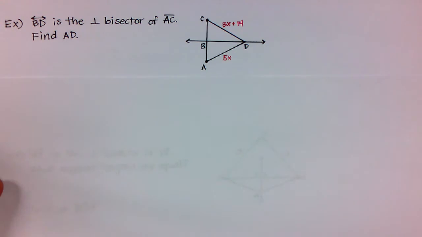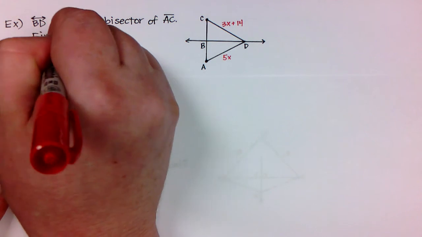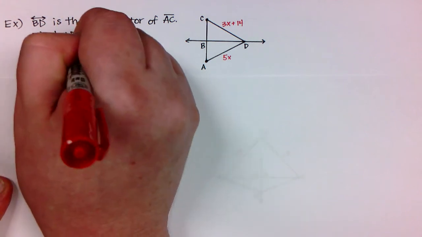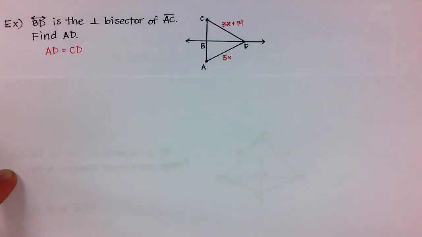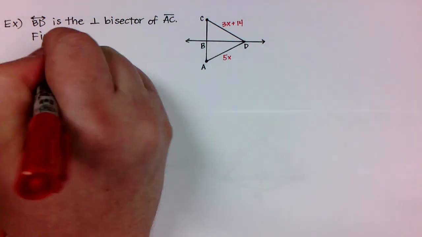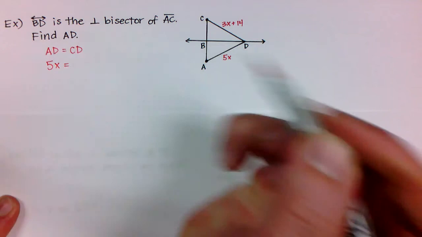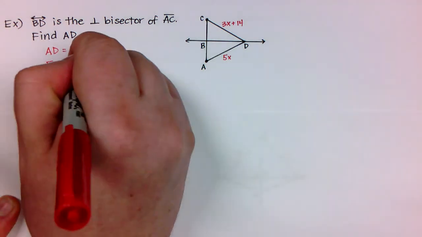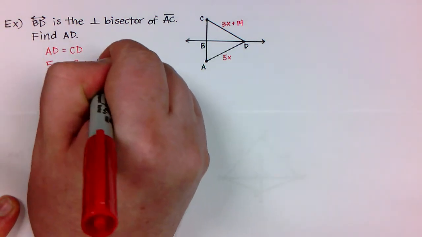So I'm going to write that down. That AD is equal to CD. And AD, as I can tell, is 5x. And CD is 3x plus 14.